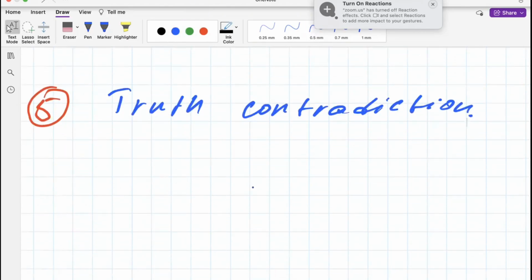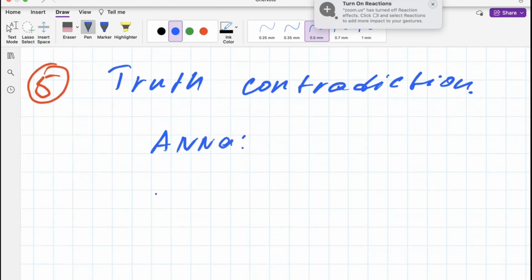Truth contradiction usually appears when you have multiple statements that are contradicting each other. For example, let's imagine we have two girls, like Anna and let's say Alisa. One of them lies, the other is saying the truth, kind of questions, right? Yes. Actually, there is a game. We'll study this as a game.